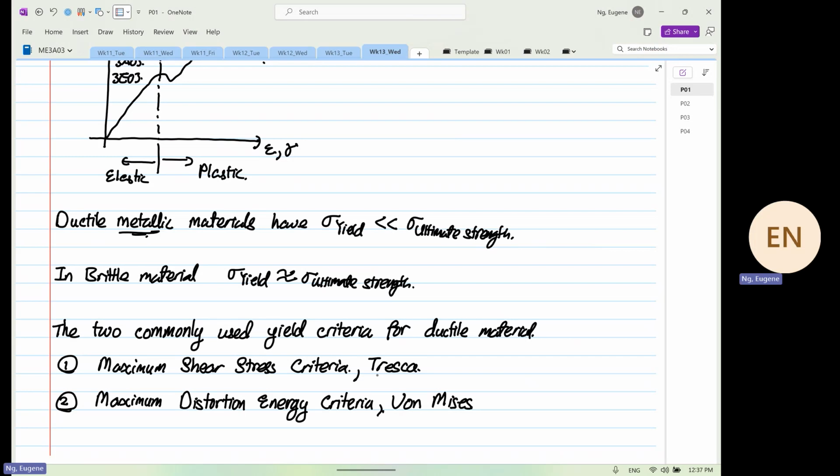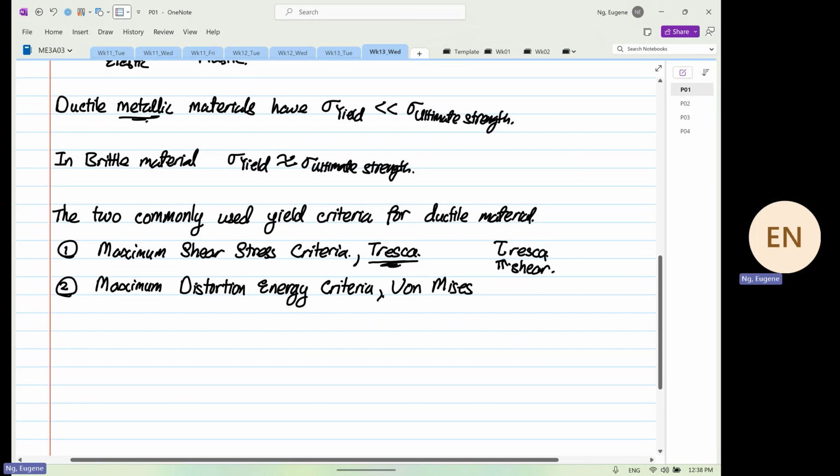My recommendation is, can you see how Tresca is spelled? Yes or no? It's spelled with a T. The Greek symbol that looks like a T is what? And this symbol also represents what? Anyone? Are we clear? These are the things that help me to remember. So if I say maximum shear stress, your mind will automatically register Tresca. Energy will be von Mises. So we are going to do both of the criteria, okay?